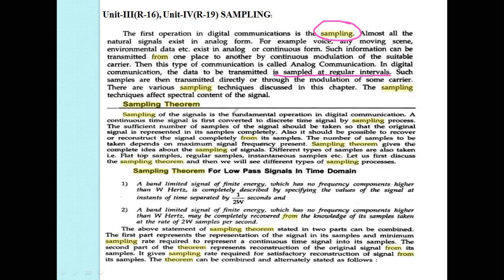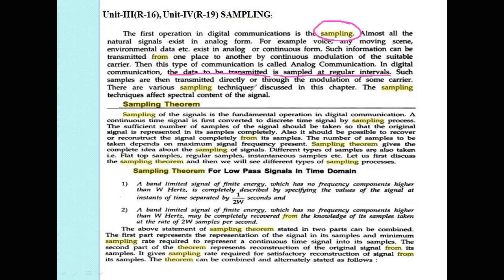Coming to digital communication, first of all, the data to be transmitted is sampled at regular intervals. Such samples are then transmitted directly or through the modulation of some carrier.